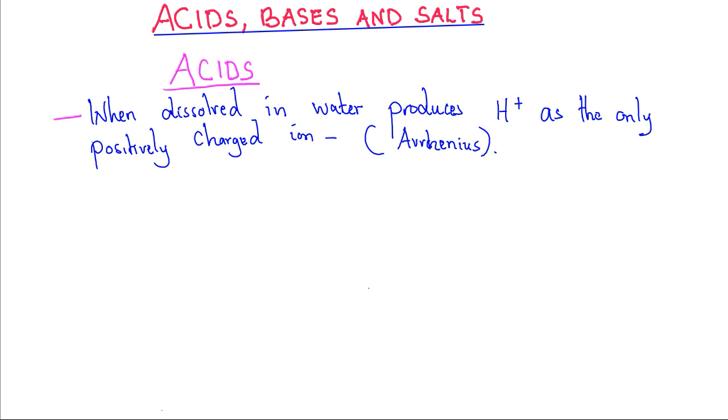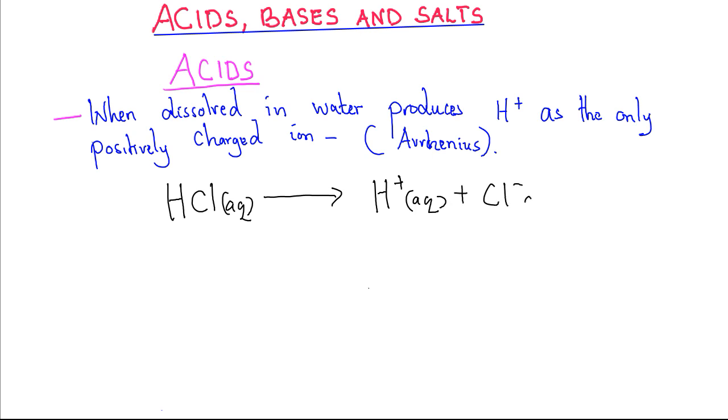This is evidenced in reactions of acids and other substances. Now, what Arrhenius is trying to tell us is that when we have a dilute acid such as hydrochloric acid, it ionizes to give hydrogen ions and chloride ions.